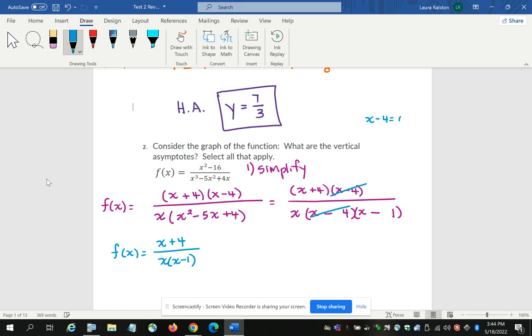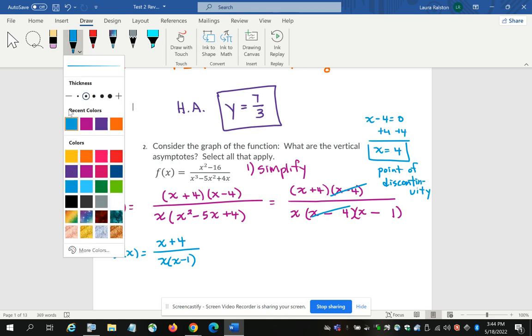If we solve for x by adding 4 to either side, we get x equals 4. That value becomes a point of discontinuity, meaning that visually on the graph you would have a hole at x equals 4, but you do not have a vertical asymptote at that point because it divides out when you simplify.